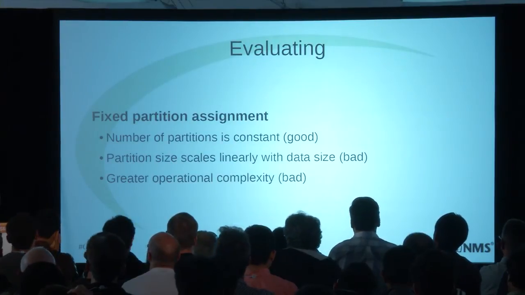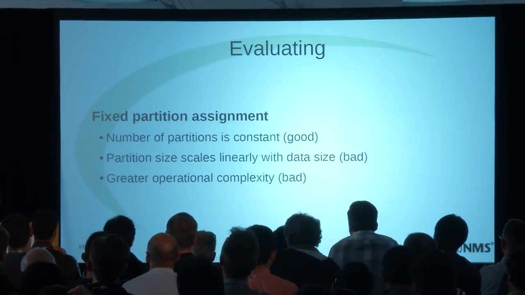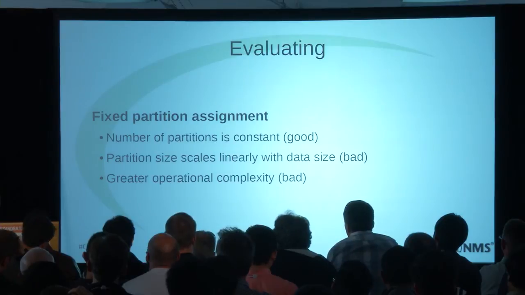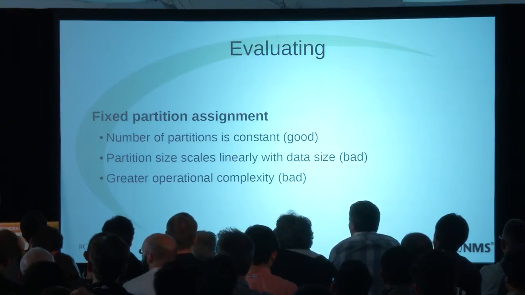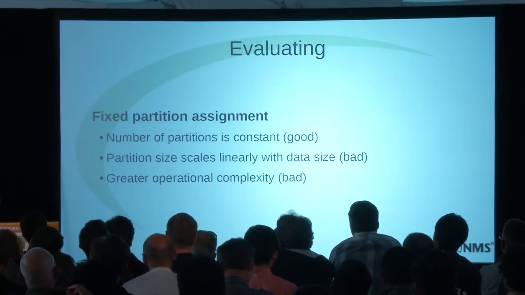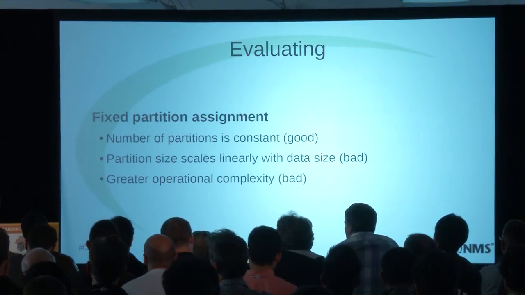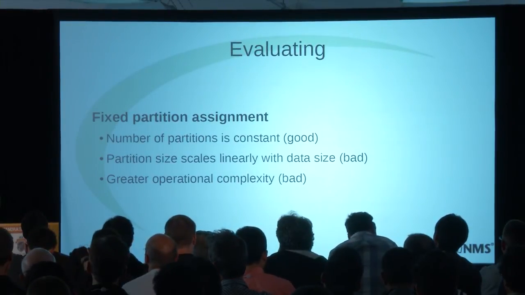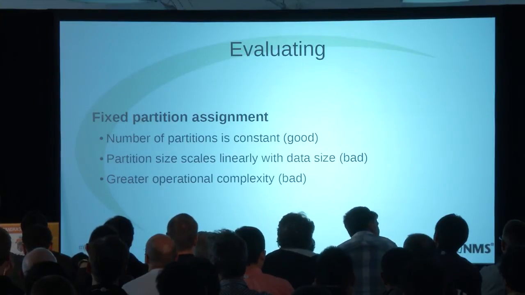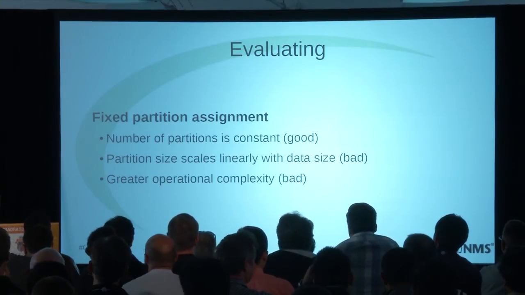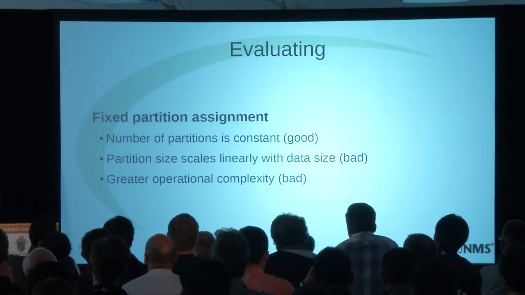For the fixed partition assignment, this is the one where we assign Q evenly sized partitions to the cluster up front. Obviously, the constant there being the number of partitions, that's good. We can reason about how many partitions we have. But because that's the constant, the more data we have, the larger these partitions become, which isn't so good.